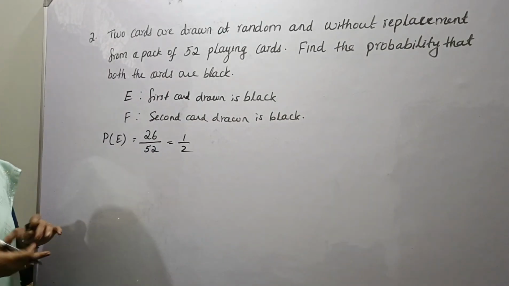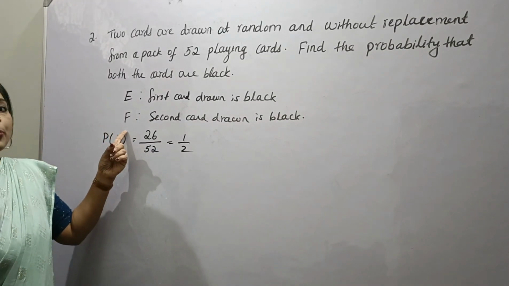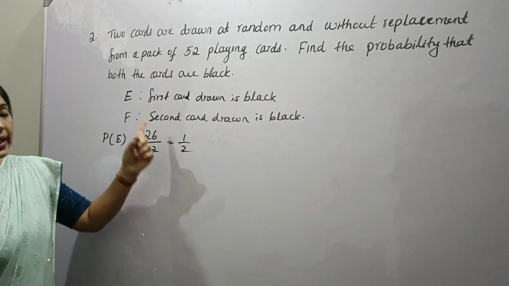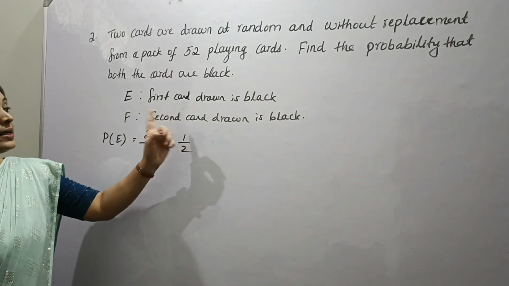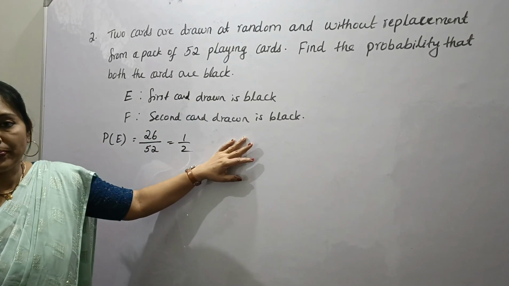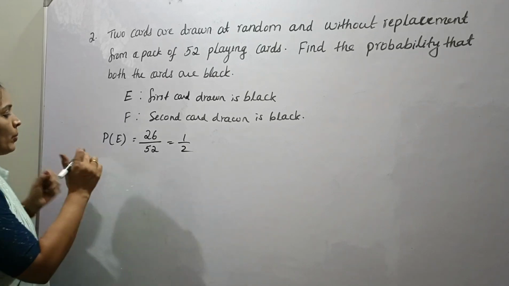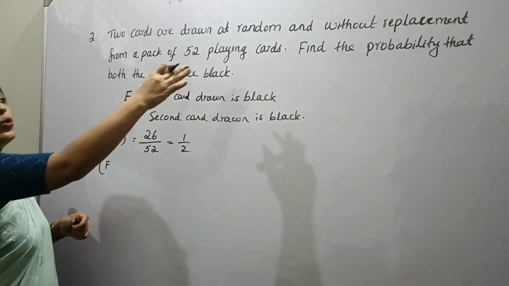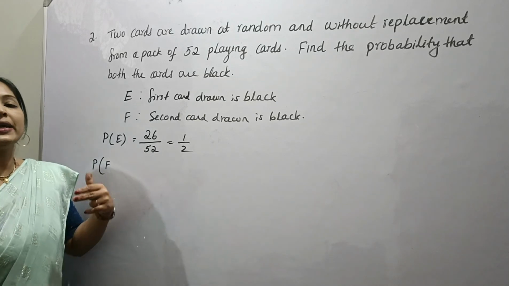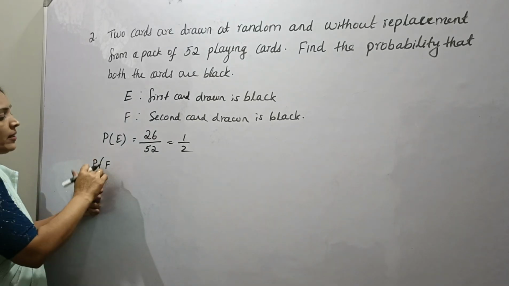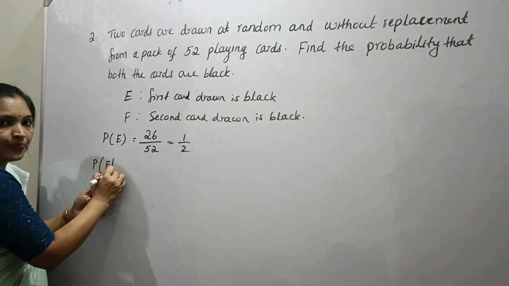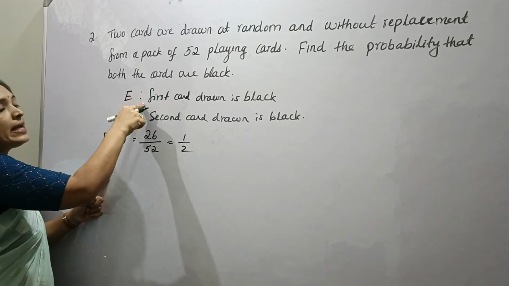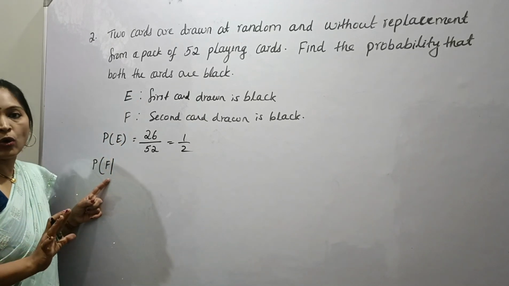Right? Next, we will find probability of second card drawn is black. That is probability of F, from which we select without replacement. Right? So one card is reduced. Therefore, here probability of F given that E has already occurred.